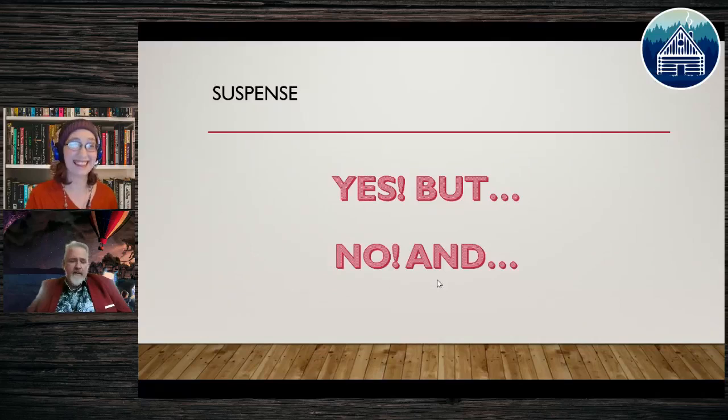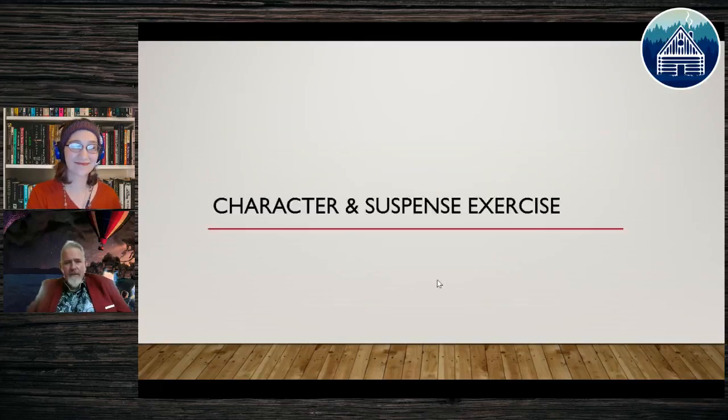Yes, you learned how to do this, but all the wires are red, and now you don't know what to do. Those kinds of things are great ways to add suspense, and it's a great way to keep your story going. If you look in your story notebook, there's an exercise you can do with your character to walk through some yes, but, no, and, and some other ways of creating suspense in your story.